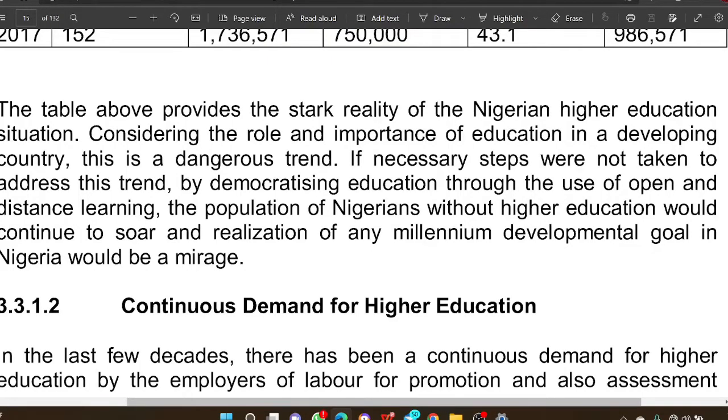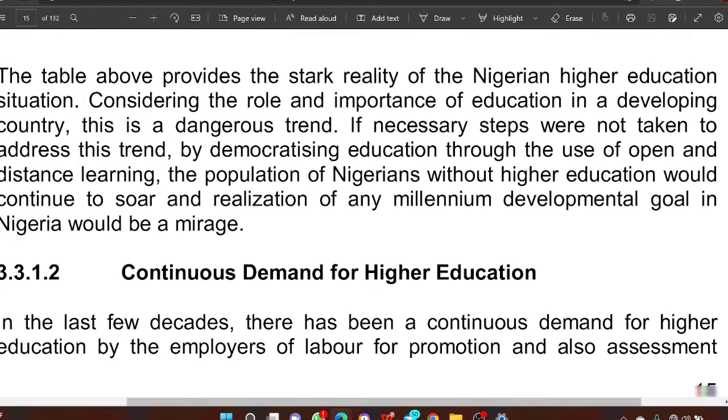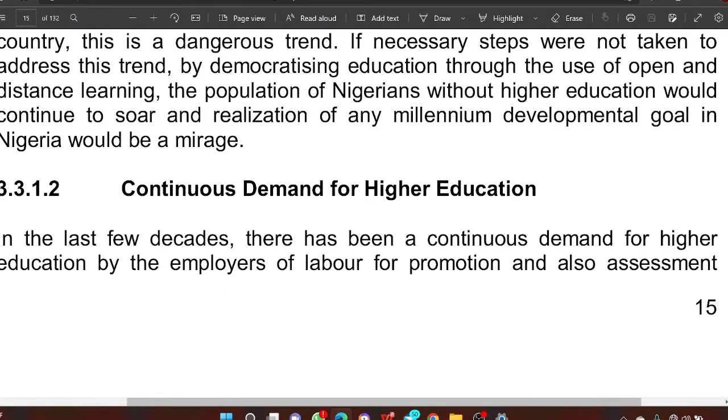If necessary steps were not taken to address this trend by democratizing education through the use of open and distance learning, the population of Nigerians without higher education would continue to soar, and realization of any millennium development goal in Nigeria would be a mirage. A mirage in the sense that it's not real.